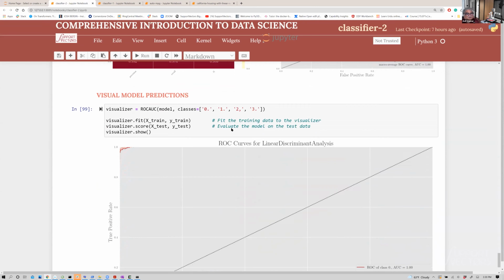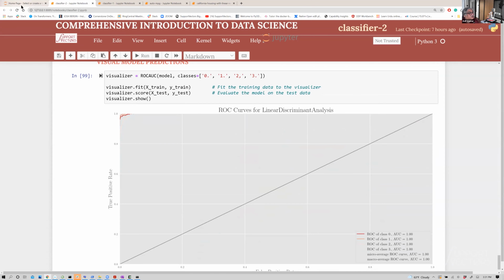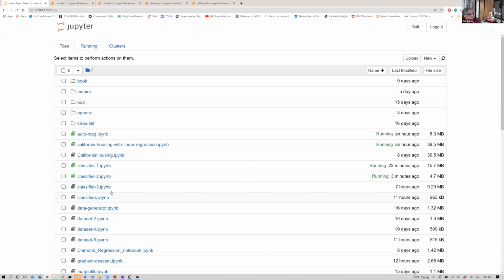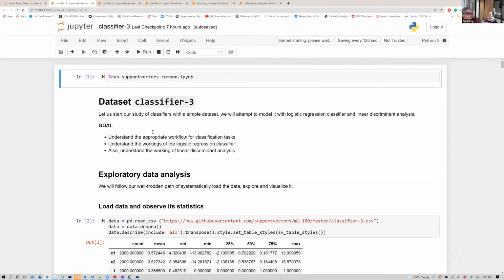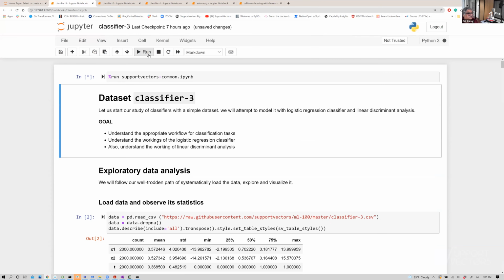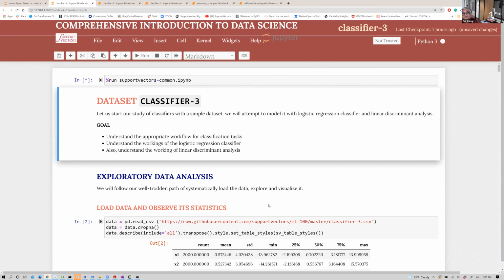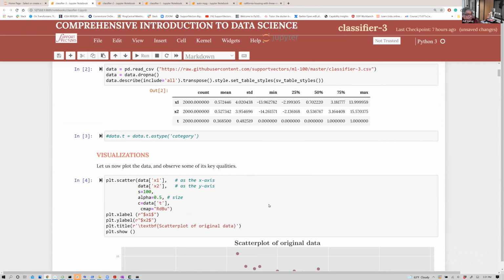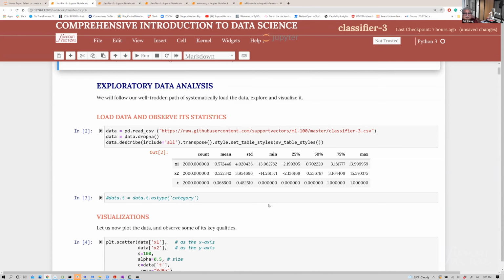So you say, well, so what? Let's try something a bit more complicated. Each of the simpler examples has a lesson in it. I will gradually go through it. Look at classifier data set 3. But how can a single line classify into 4 parts? No, because linear discriminant analysis doesn't build a single line.